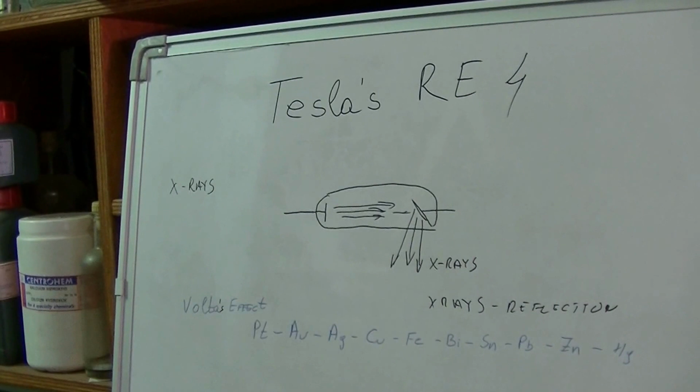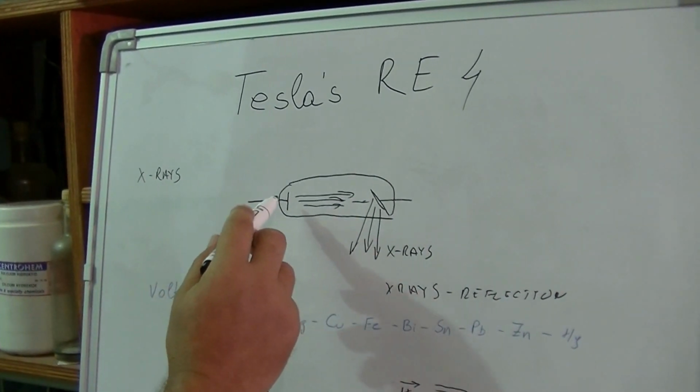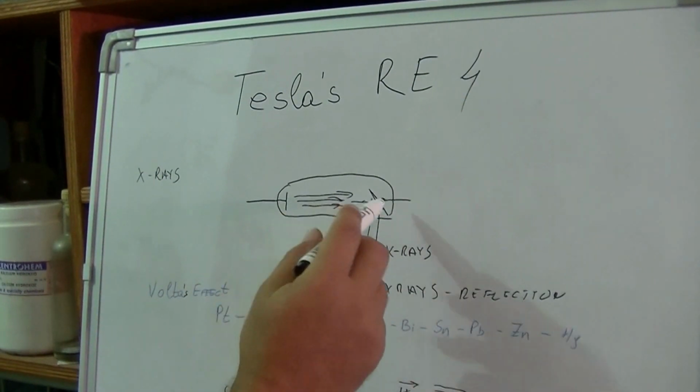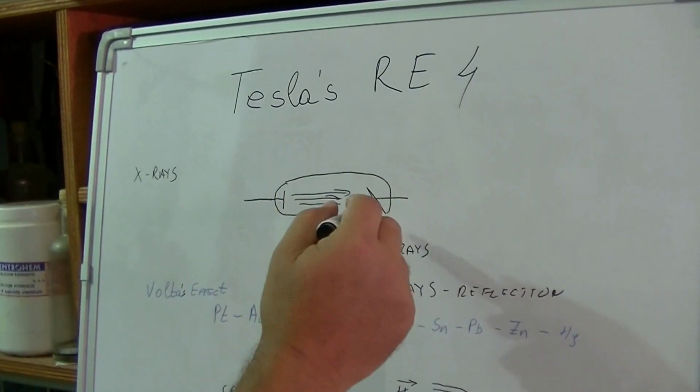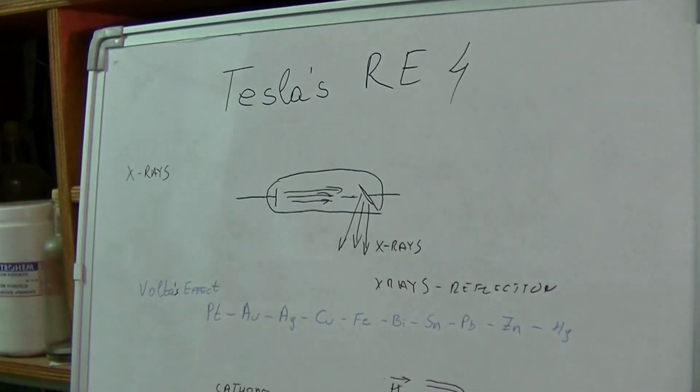It is just a simplified diagram. When you have a high speed electron which hits the metal plate at an angle, the X-ray appears.